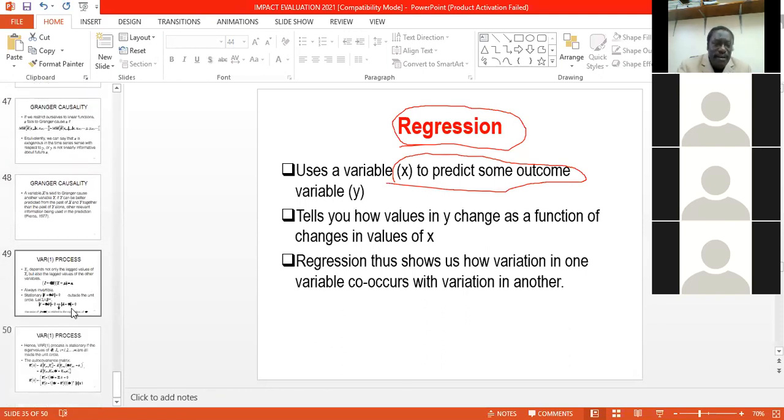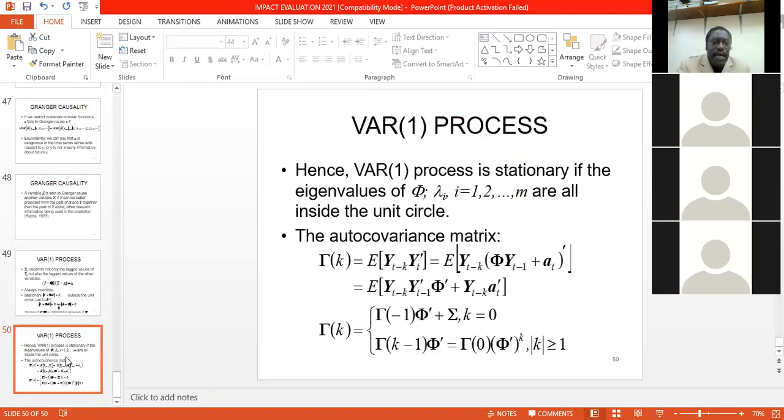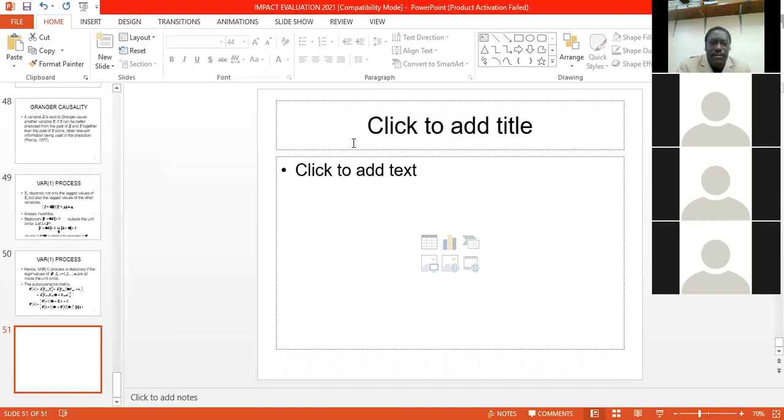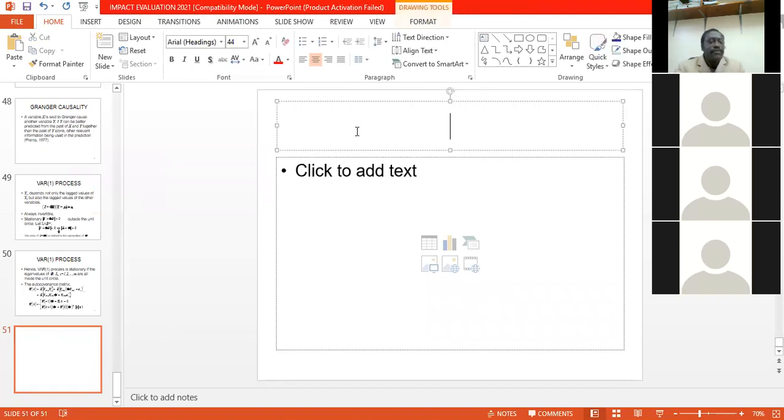But now, what you will see, there are issues that if I go deeper, some of you will be running away. So most of the time, when you run Stata, you'll come across VAR.